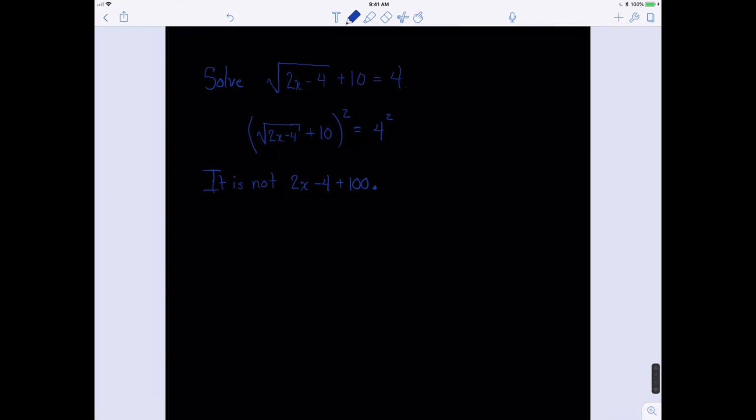That is wrong, because what really happens is you have to square it so that it's 2x minus 4 plus 10 times the square root of 2x minus 4 plus 10. And then you would have to distribute all that. So now distribute.